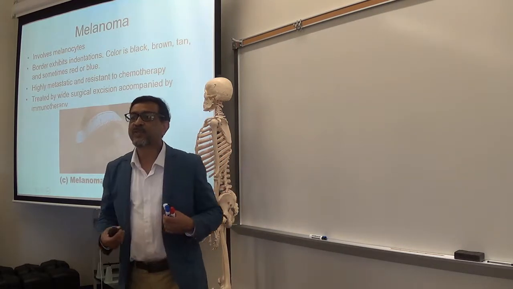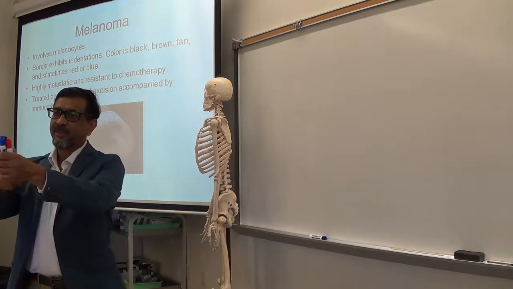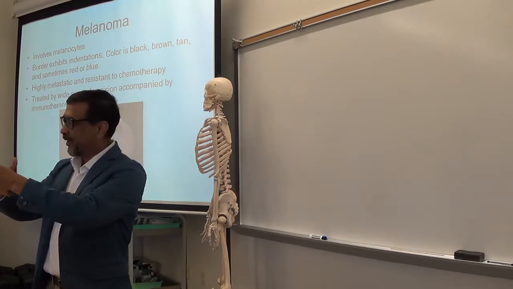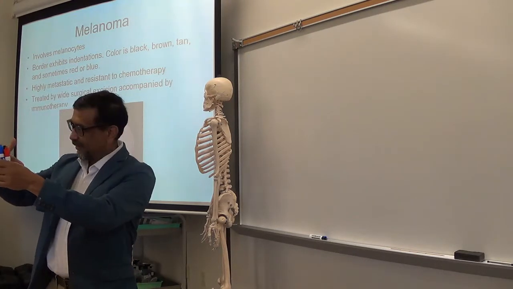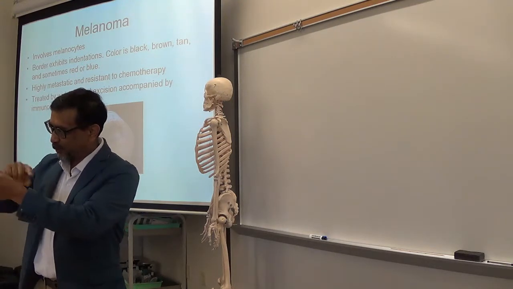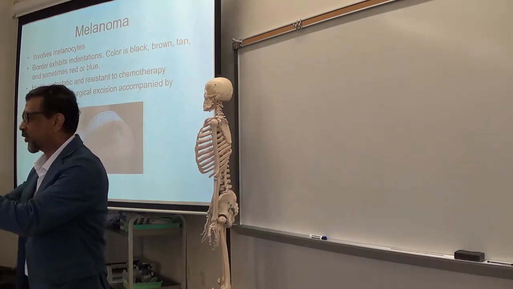Sometimes we use chemotherapy. We inject certain antibodies that will specifically find the abnormal cells. They will go to that area where you have abnormal cells and will bind with those cells and destroy them.